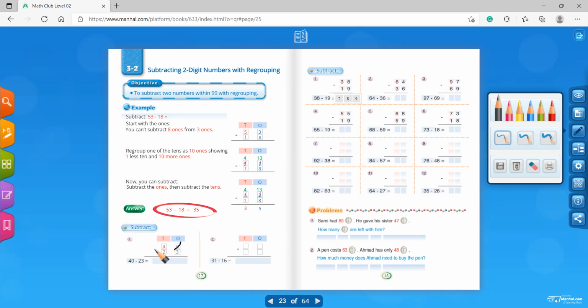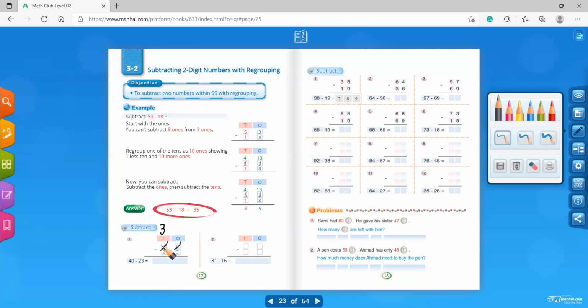Let us see. The 4 is 40 because it is in the tens digit. The 4 will become 3 because we ask her for help, right?